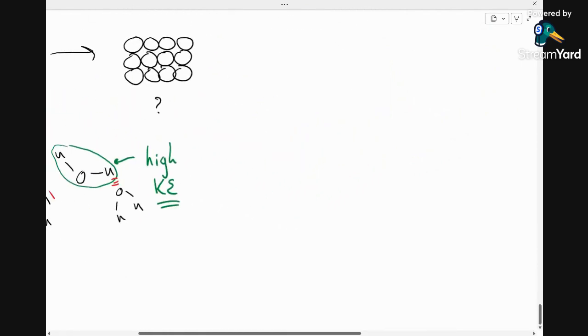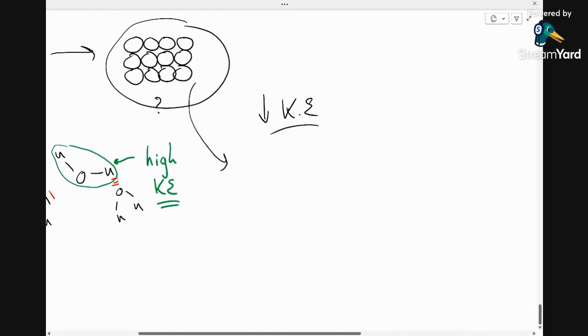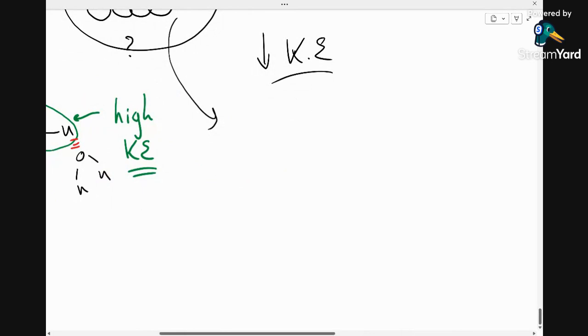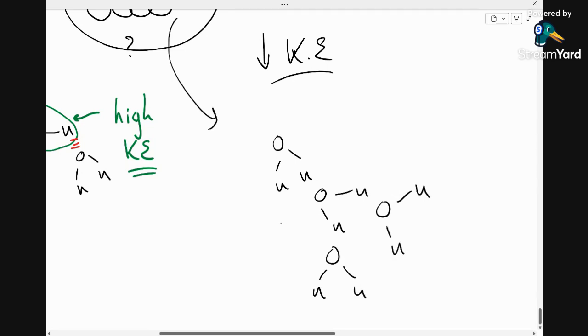When we end up like this solid here, when we decrease the kinetic energy enough, we decrease the temperature enough, the particles move around less frequently and less quickly. So what this means is the water molecules can pack closer together, and essentially every hydrogen bond that's possible is going to form.